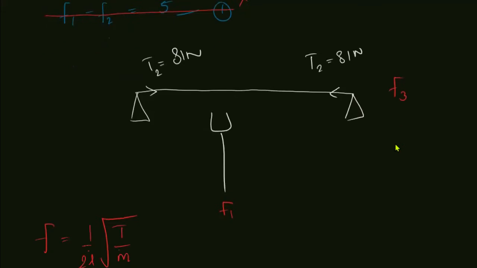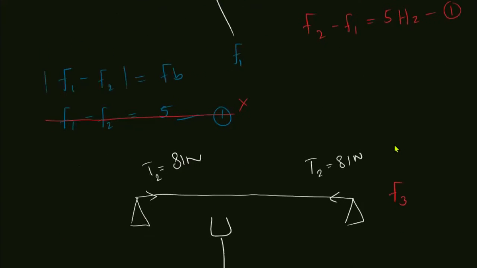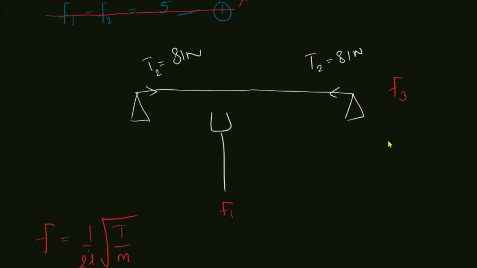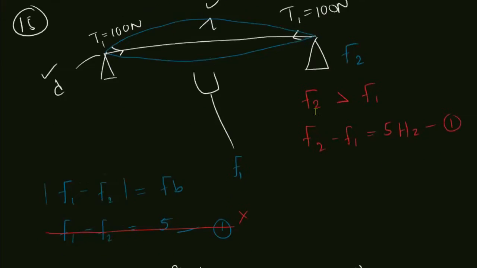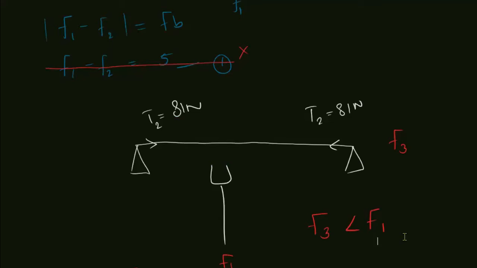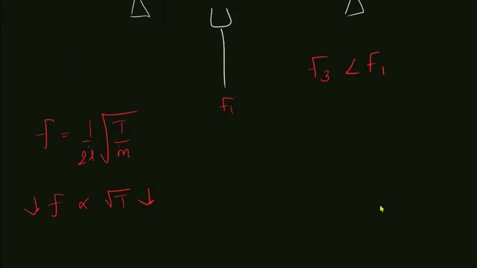So now what has happened is this F3 is less than F1, right? So now F1 minus F3 gave 5 hertz. This should make sense actually.